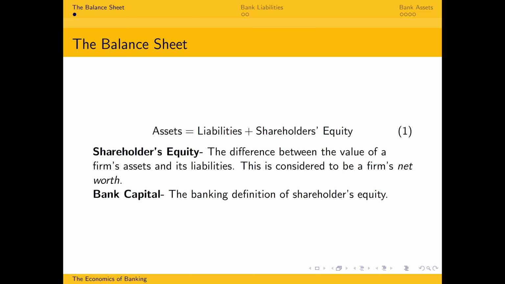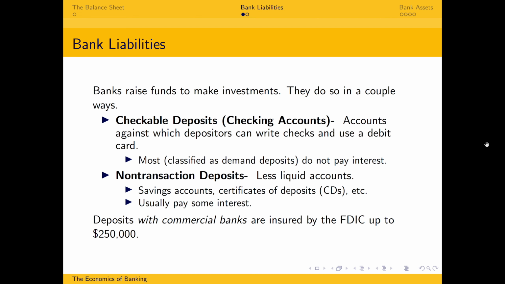So if a firm has total assets of, let's say, $1.2 billion, but it has liabilities of $1 billion, then that means the shareholder equity is worth 200 million. And so that means that if a company wanted to buy the firm, it would probably price it at around $200 million, plus whatever projections they have for the value in the future. But that's what the book value of the firm is as a whole.